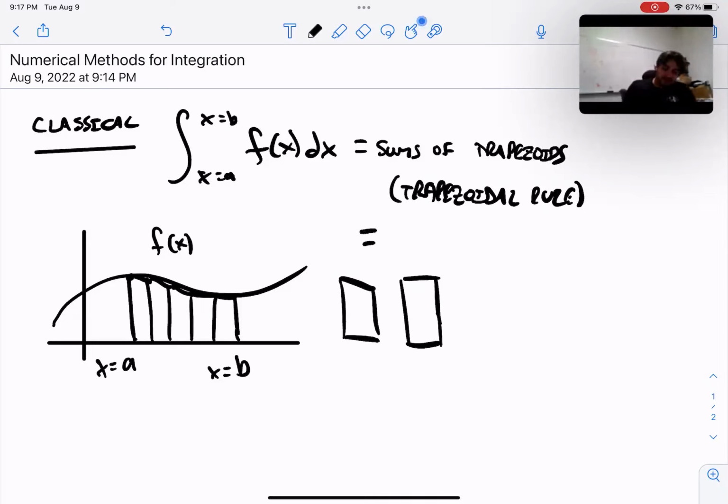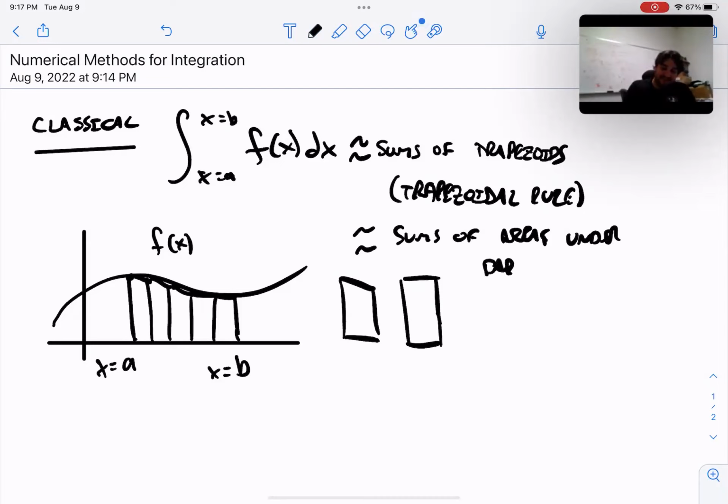Now, I should say approximate, because we're just doing finitely many trapezoids, right? You could also say, how about sums of areas under parabolas? This is another popular one, because you could say, hey, trapezoids, they don't curve.